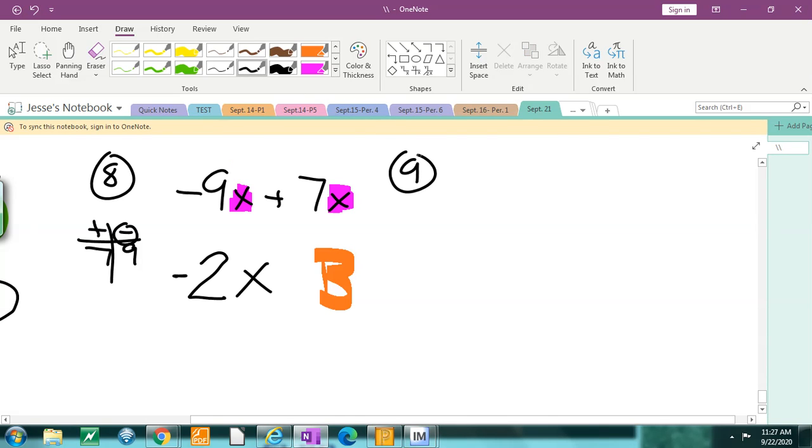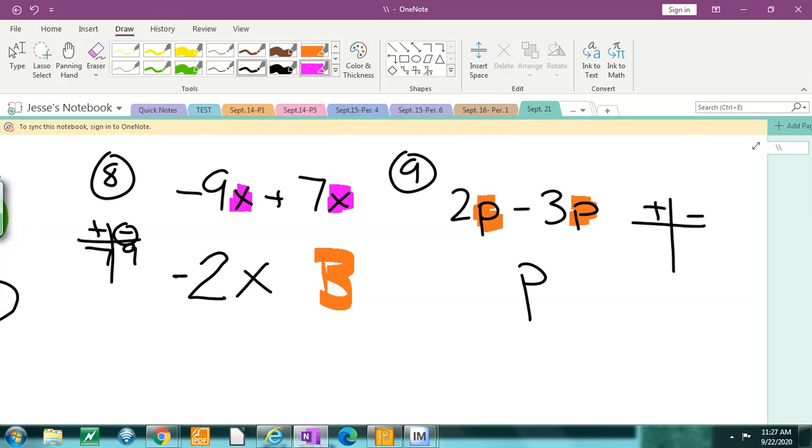So 9 is 2p minus 3p. Well, they both have a p, right? So my answer is going to be p, but how many? Well, let's go ahead and do the t-chart.